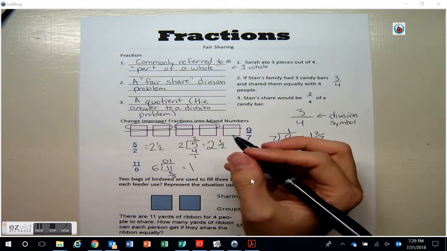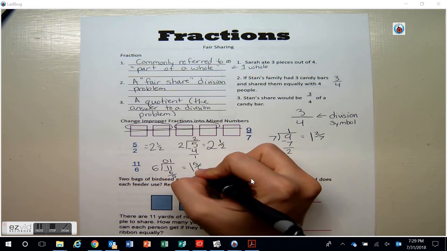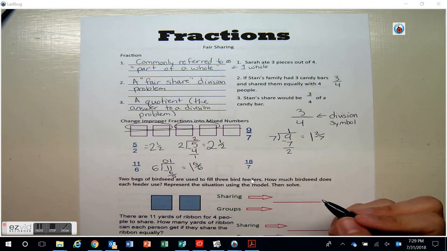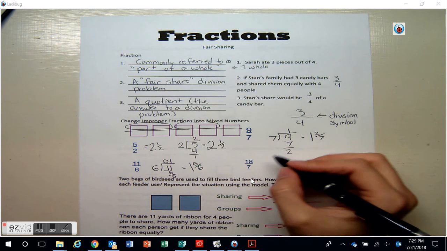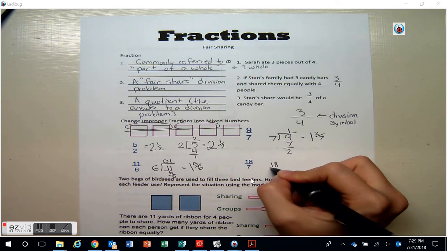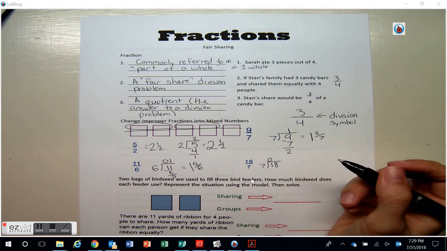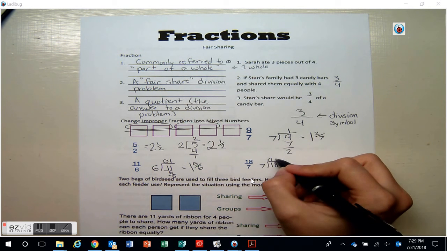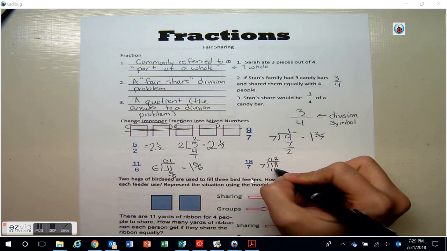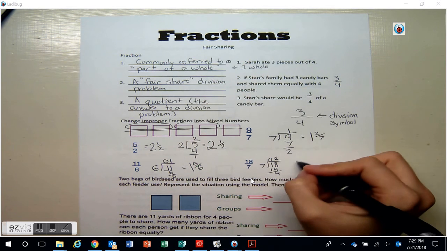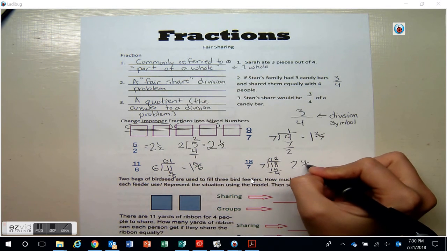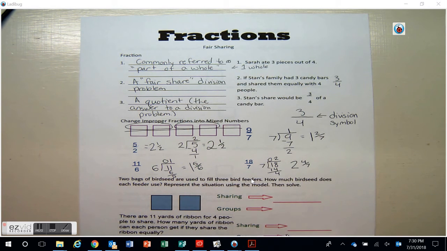If you recall, when we write mixed numbers from improper fractions, the whole number of groups I can make becomes my whole, my remainder becomes my numerator, and my denominator is what I'm dividing by, because I'm still dividing 1 by 2.